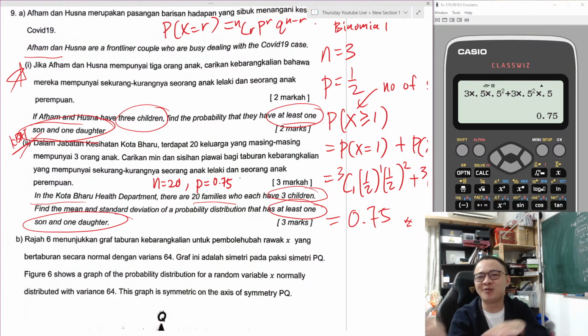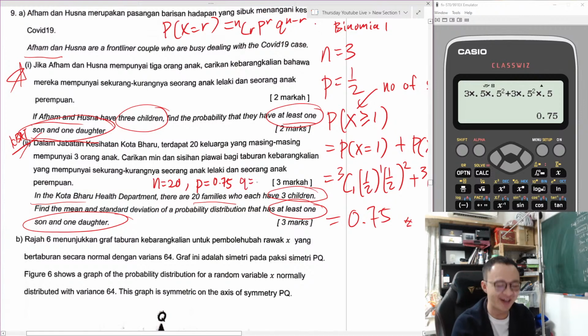Should I do 20 times 3 to get 60 children? Don't do that. They purposely want you to understand the probability condition is the same as the previous part. You can just use your previous answer to solve this kind of question. Cool? So your Q will be 1 minus P, 0.25.